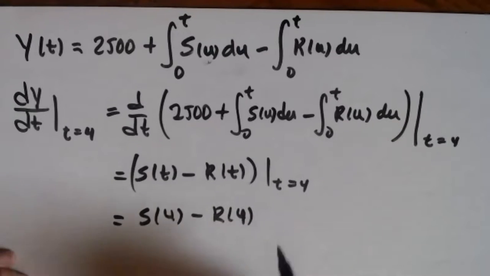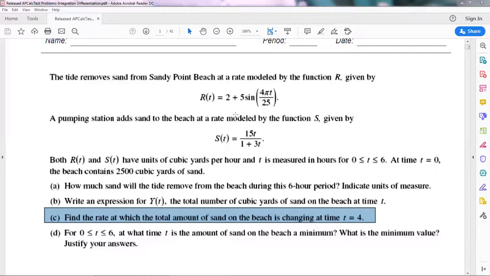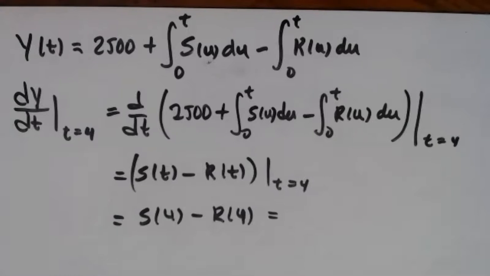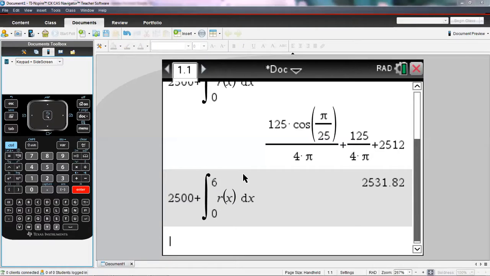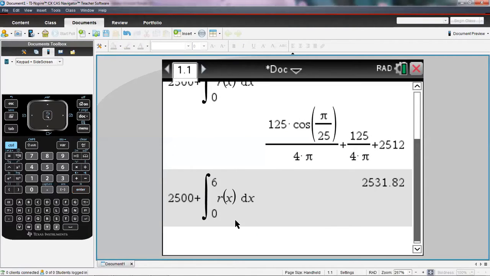Correct? Now, what are my functions? My functions are right here, S of t. So I'm going to use my calculator. I'm going to share my calculator right here. I have already defined one. So I'm going to define now.